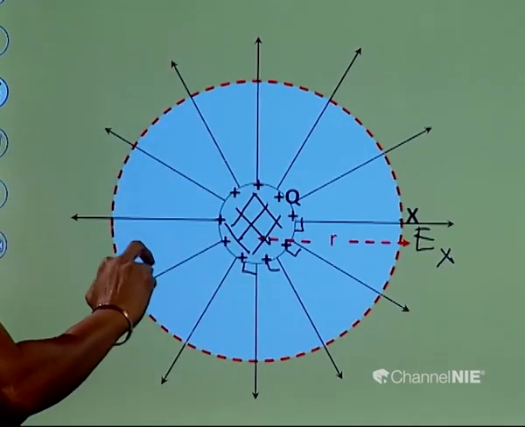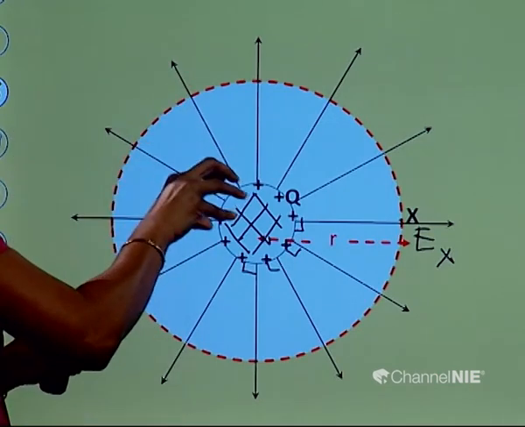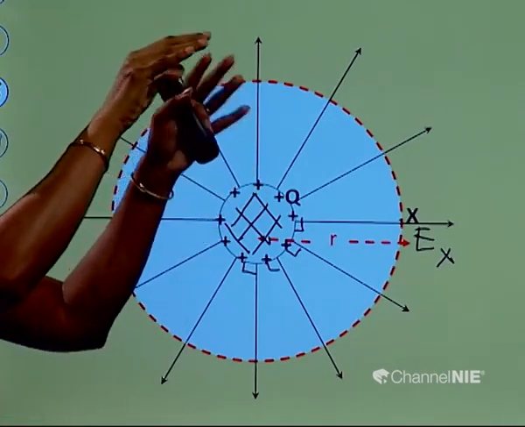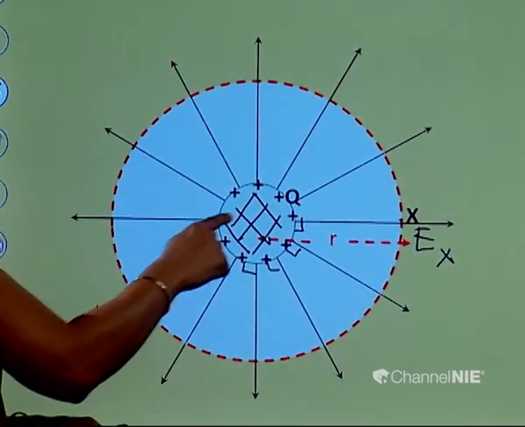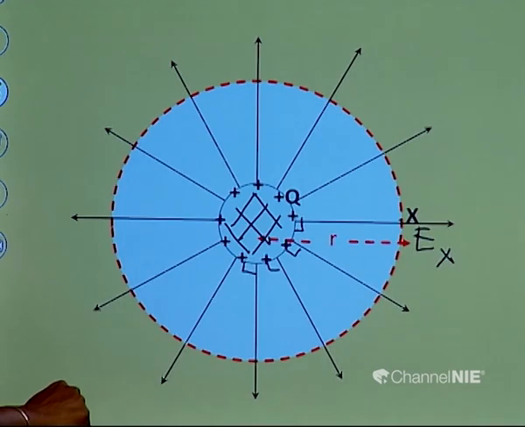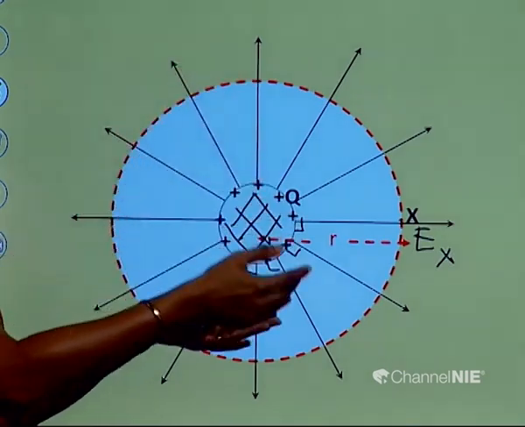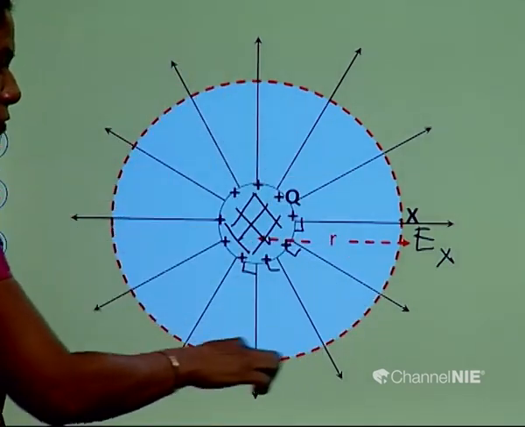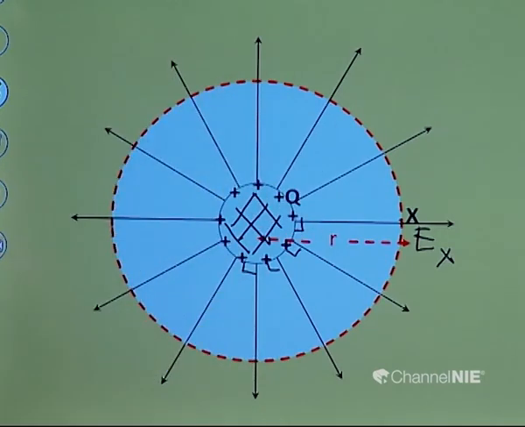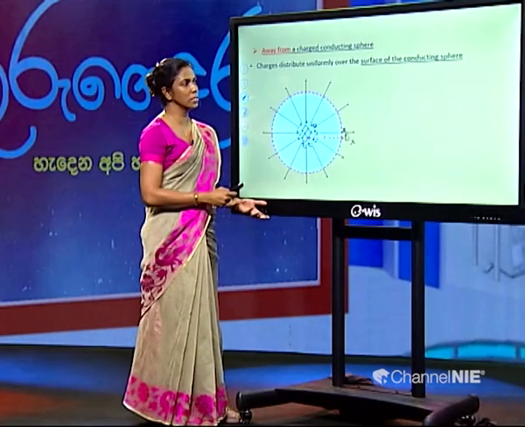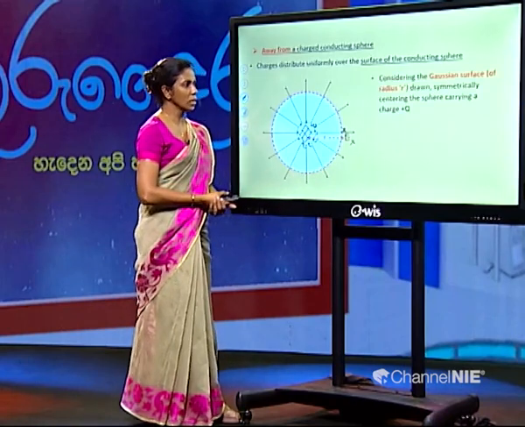So, if I draw a spherical surface in 3D space centered on the charged conductor, this is not a circle, it is a sphere. Along the surface of the sphere, all the points should have the same electric field intensity. So, once again the Gaussian surface is a sphere.